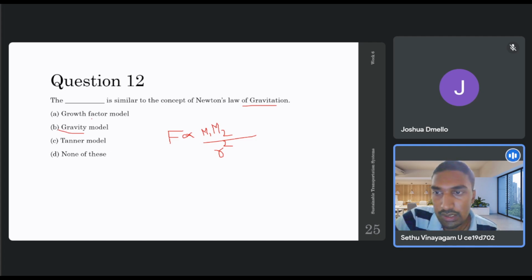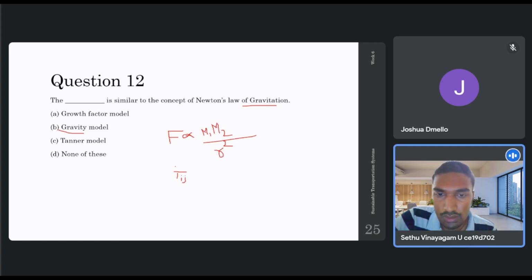So the gravity model also has a similar form, which we use in the trip distribution stage, right? So if the trip interchange or the trips between zone i and zone j, right? Remember this distribution is for a pair of zones, right? So how many trips are going from zone i to zone j?